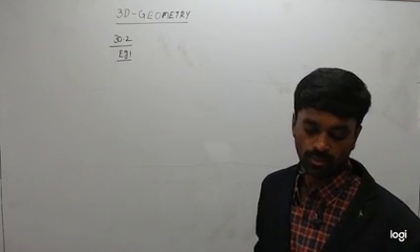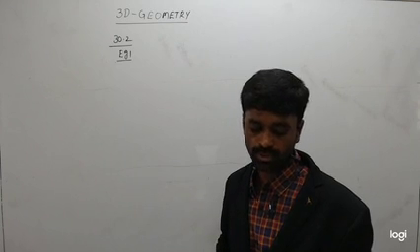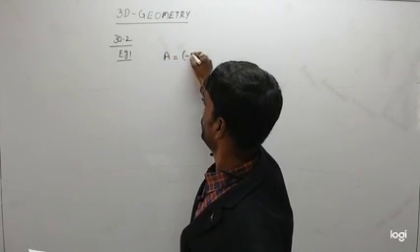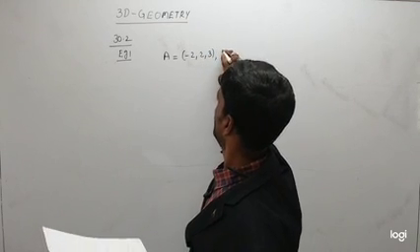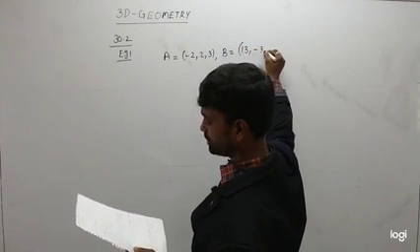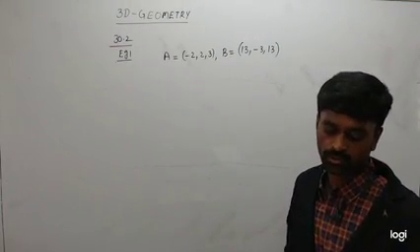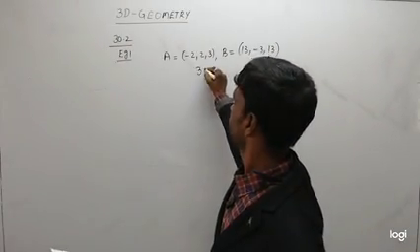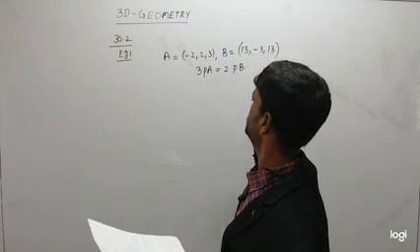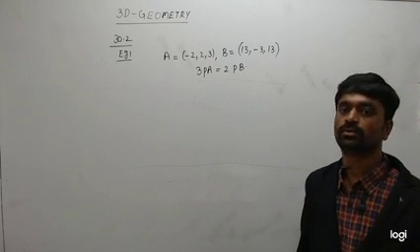P is a variable point and the coordinates of two points A and B are given as A equals (-2, 2, 3) and B equals (13, -3, 13) respectively. Find the locus of P if P satisfies the equation 3 times PA is equal to 2 times PB.